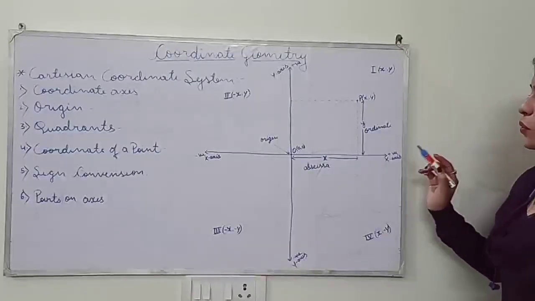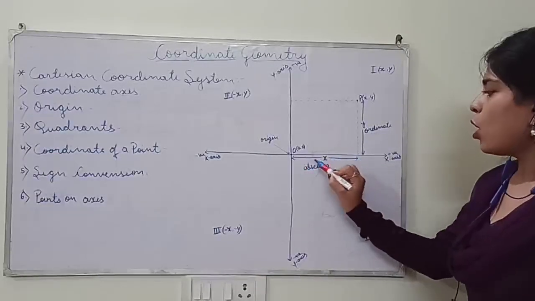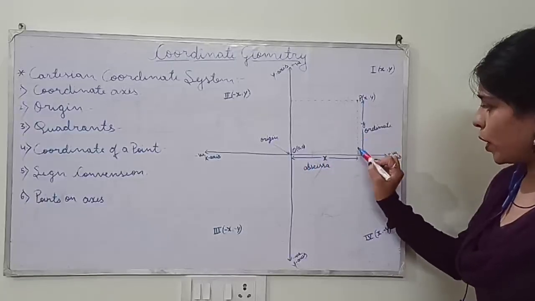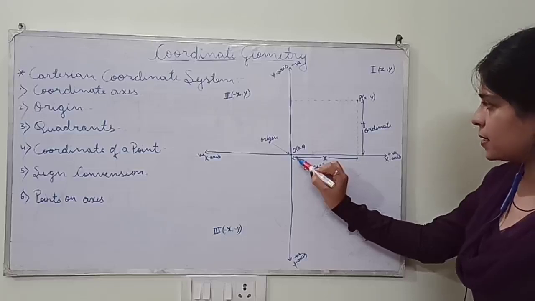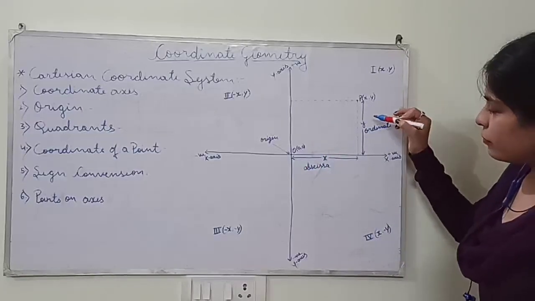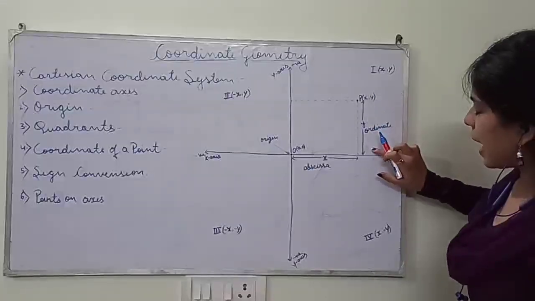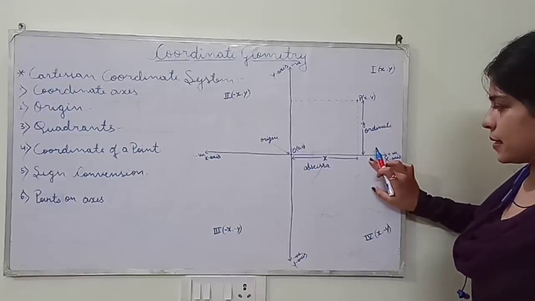Clearly you can see this is the abscissa, the distance between the point and the y-axis, and this is the ordinate or y coordinate, the perpendicular distance between the point and the x-axis.